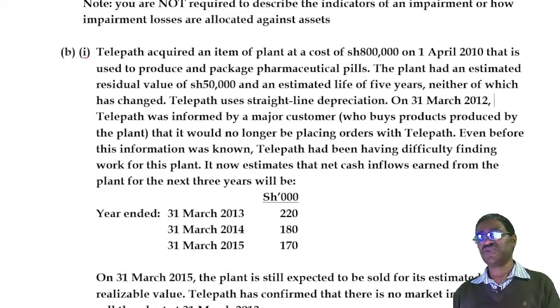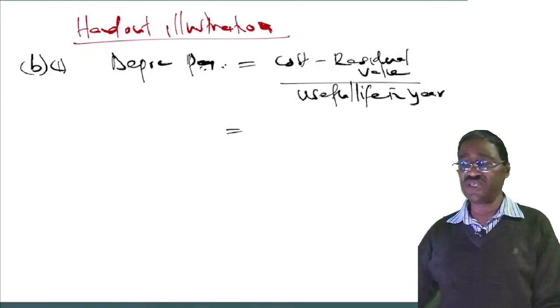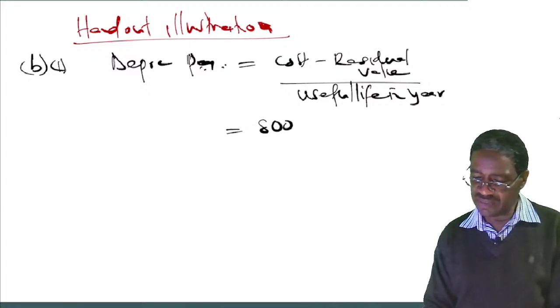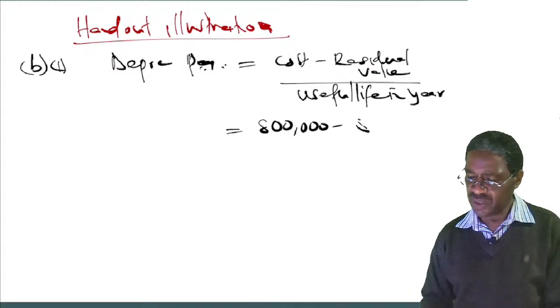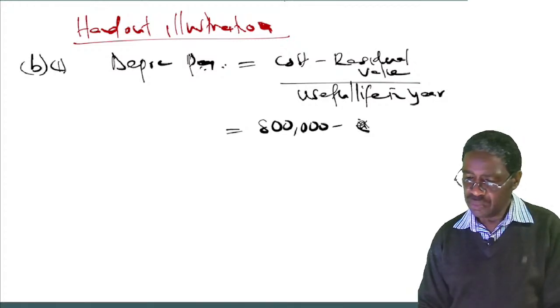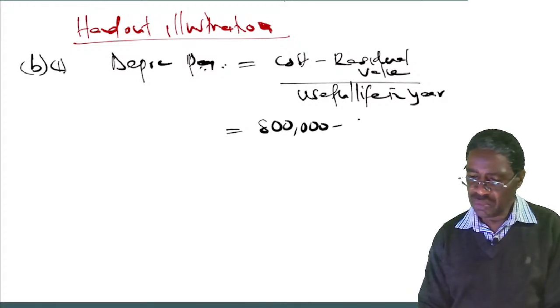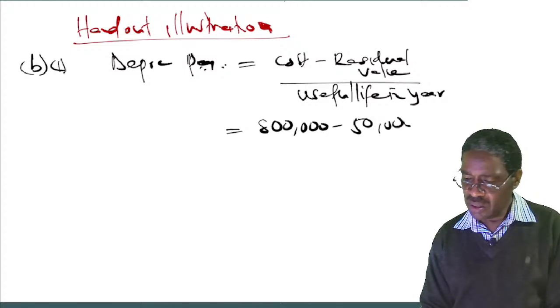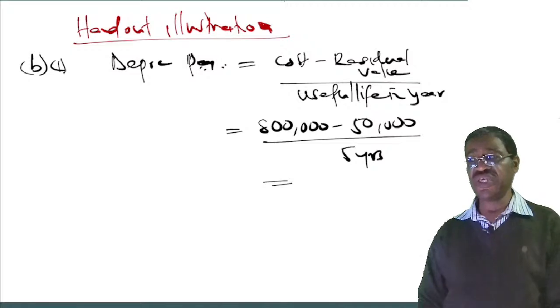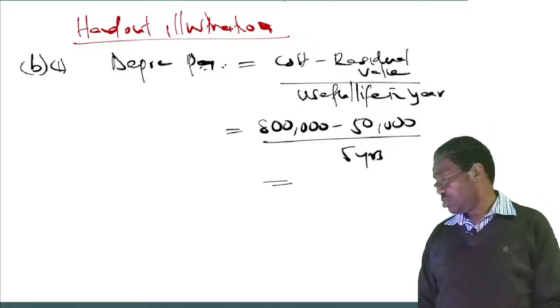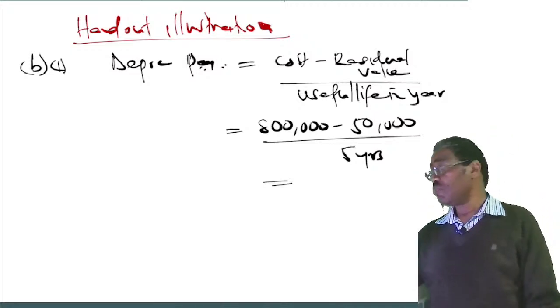You know the cost, 800. We minus the residual value, 50. So I take that 800 minus the residual value, which is 50, and divide by the useful life of 5 years. So every year, what becomes the depreciation charge per annum?